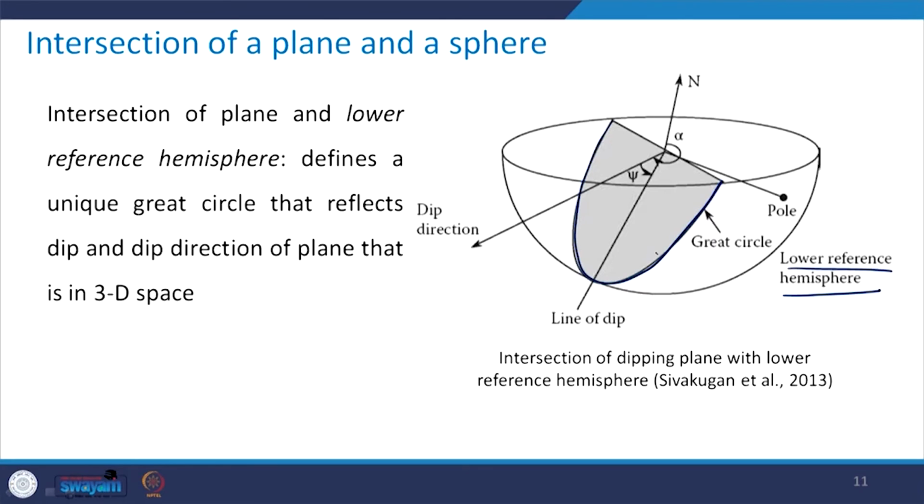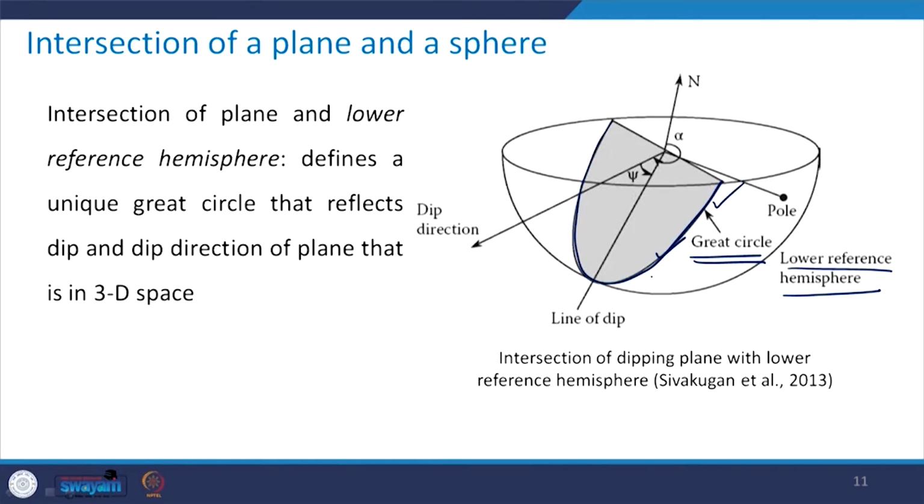This is defining a unique great circle which is representing the plane, or the intersection of the plane with the sphere. Obviously this is going to be a unique great circle which will be reflected by the dip and dip direction of that plane in 3D space.